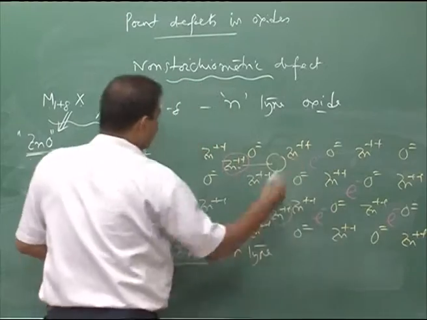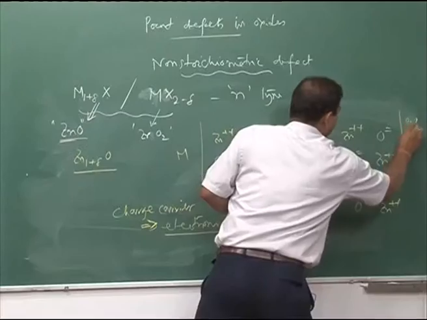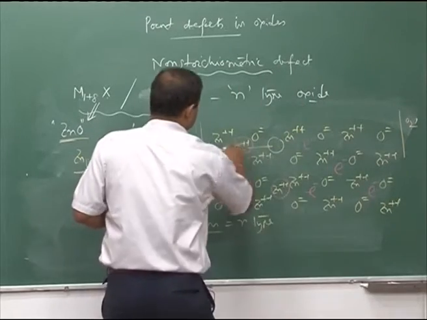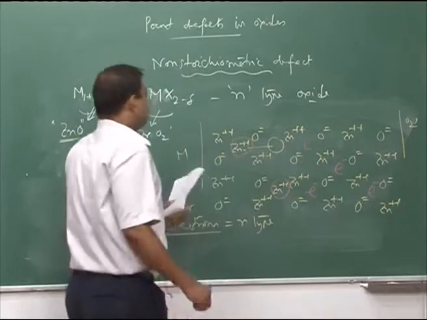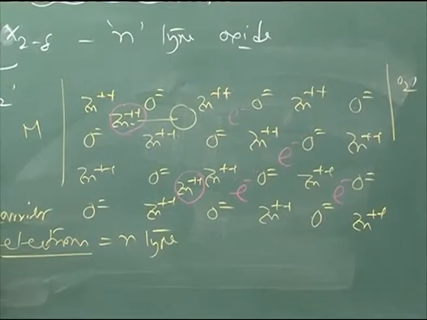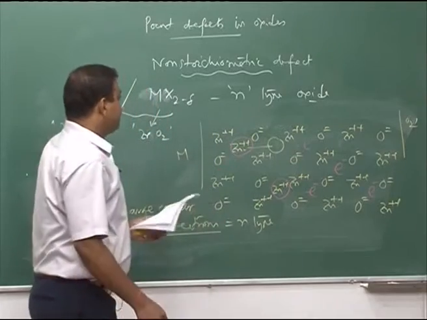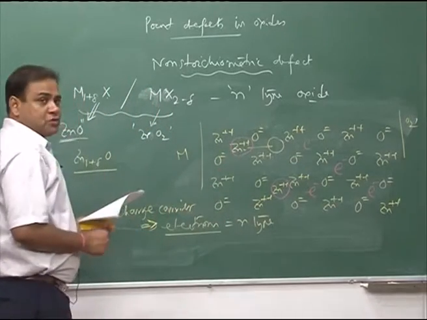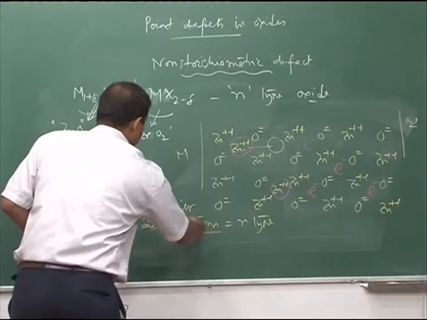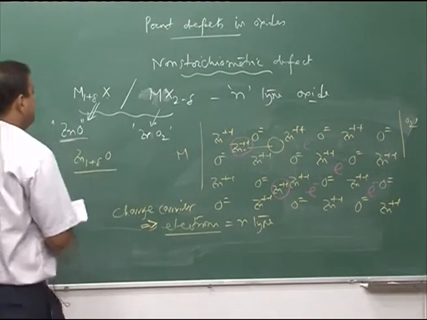If we consider this is the metal surface and this is the oxygen surface, then the diffusion would take place this way. So, the interstitial movement of those cations would be the diffusion controlling step, the charge carrier is the electron, and this is an N type oxide.